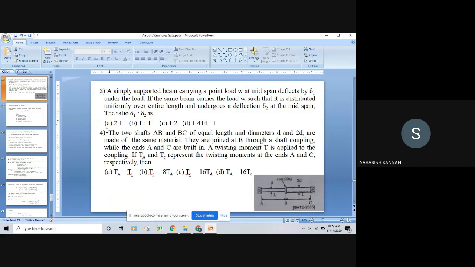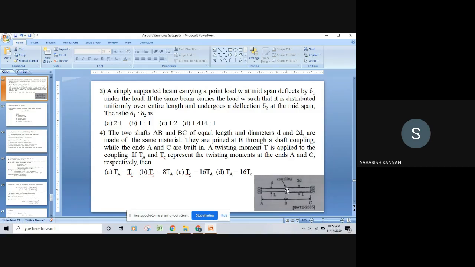So these shafts are coupled. While the shafts are coupled, we have series and parallel shafts like that. Once they are coupled in parallel, here the theta value is same, twist per unit length is same, only the torque is different.